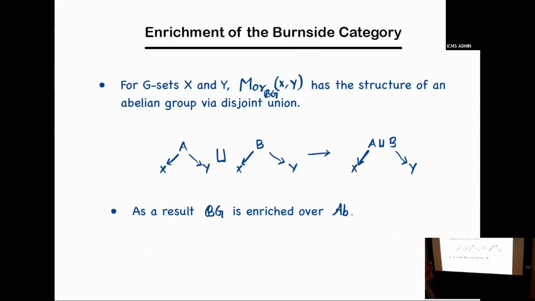X, A, Y disjoint union with X, B, Y is given by the disjoint union of A and B. This gives a monoidal structure to the set of isomorphism classes of spans, and we use the Grothendieck group completion to get the group structure. So we can say that the Burnside category is enriched over the category of abelian groups.